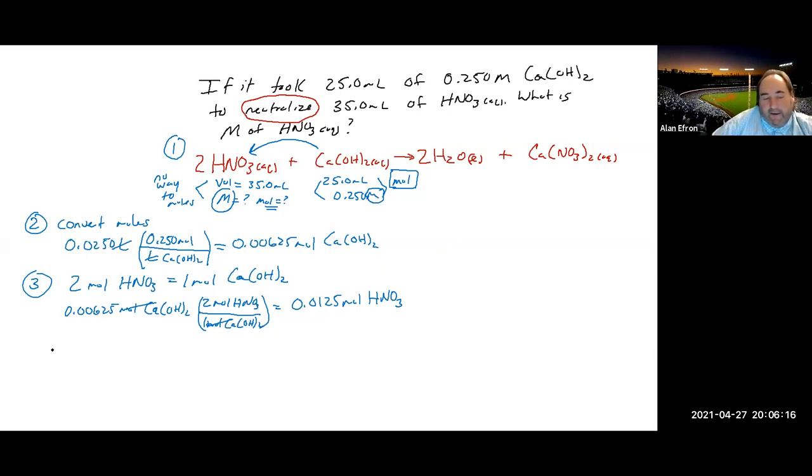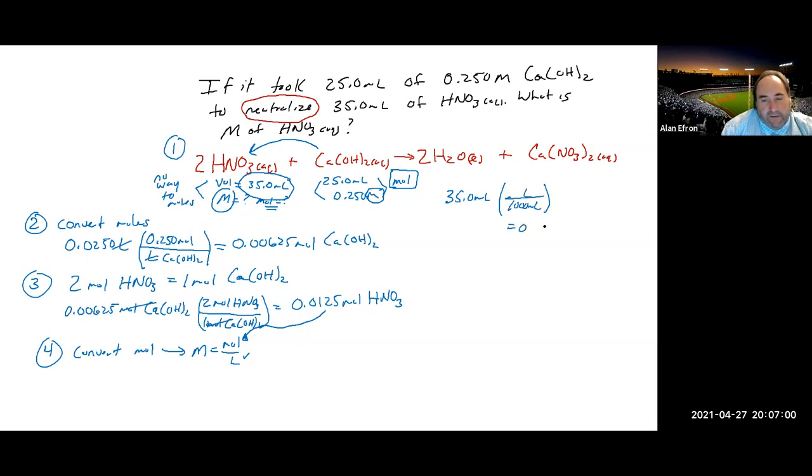Step number 4 here is to convert our moles into molarity. Molarity is moles per liter. We just calculated the moles. In the original problem, we were given the volume, but it is not in liters, so we need to convert it to liters by moving the decimal place or dividing by 1,000.